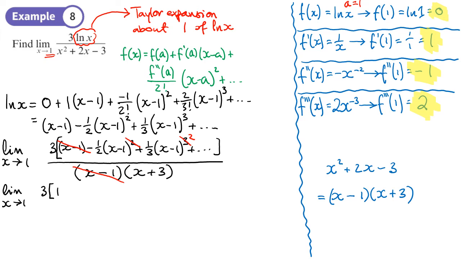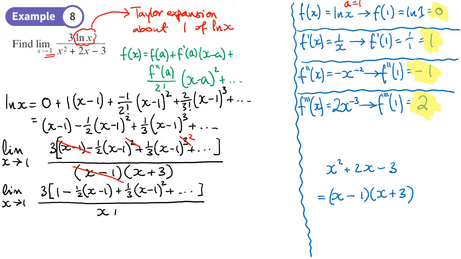So it'll be 1 minus a half x minus 1 plus a third x minus 1 squared, all over x plus 3. Now as x tends to 1, all of these terms in the brackets are going to become 0, and all the subsequent terms after it are all gone.